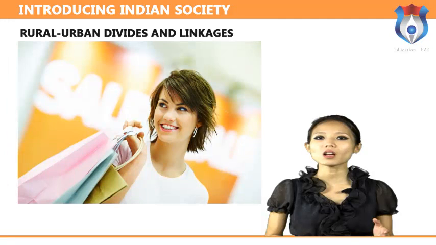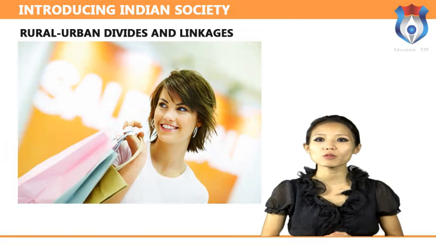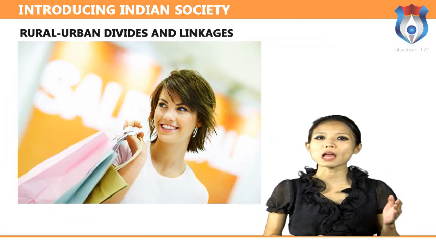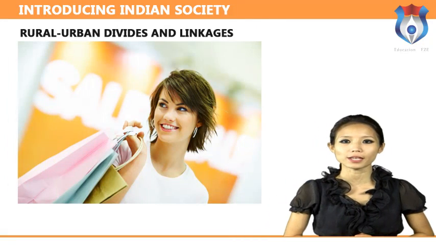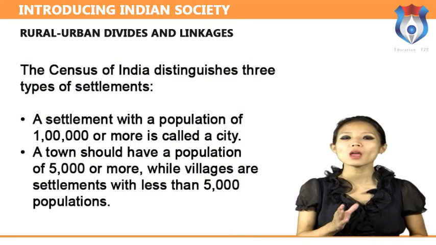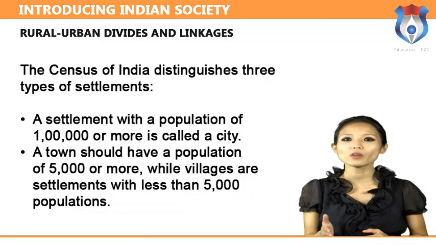Urban life is a product of complex social forces. They have been produced by population momentum, immigration of rural people, development of transportation and communication, boom of trade centers, and influences of industrialization. The census of India distinguishes three types of settlements based on the size and density of population: city, town, and village.